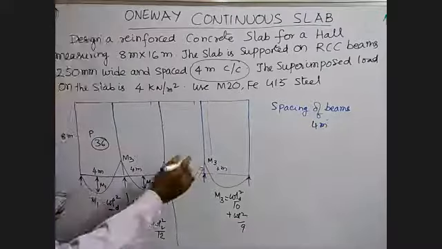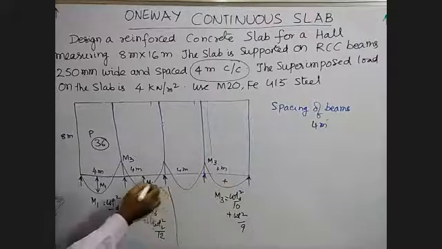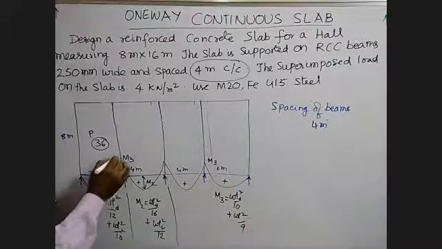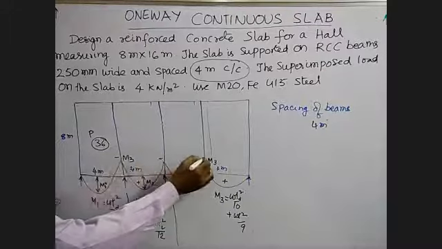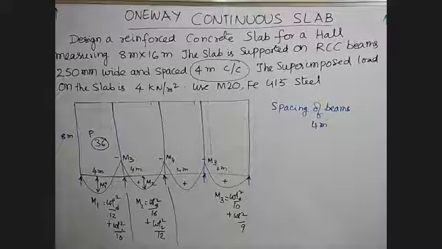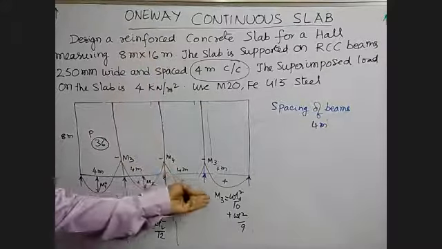Okay. But here, this we call it as positive moment. These are the positive bending moments, whereas these are the negative bending moments. This is M4. So in the previous problem, for simply supported single span, we had only positive bending moment, that is WL square by 8. But in the case of continuous spans, here you have only 4.